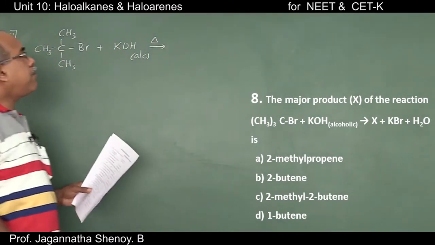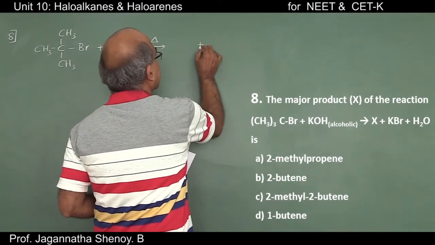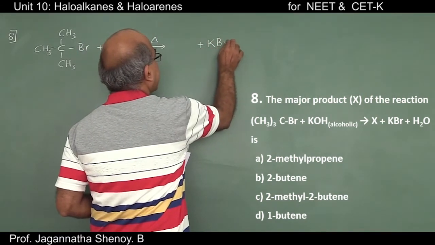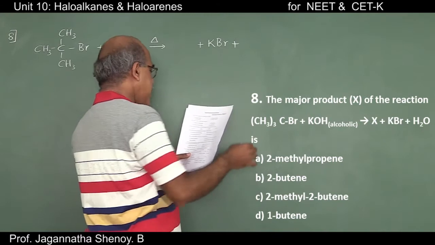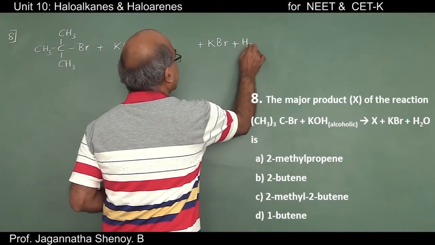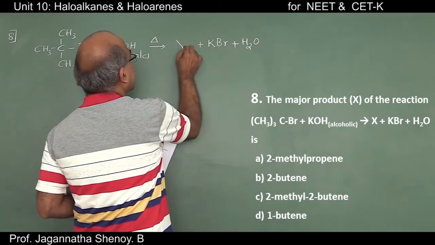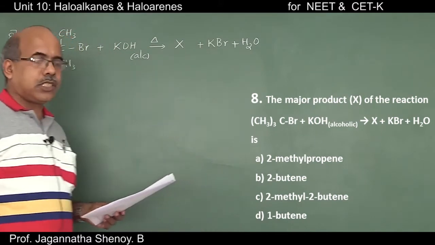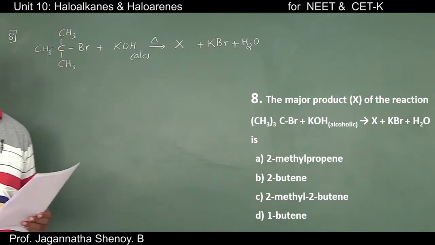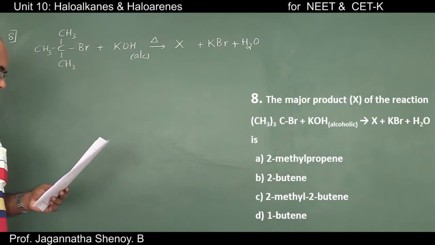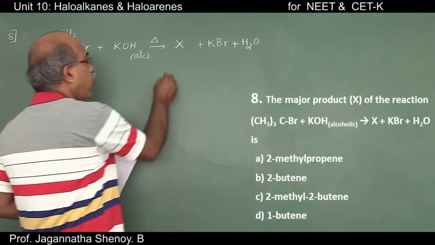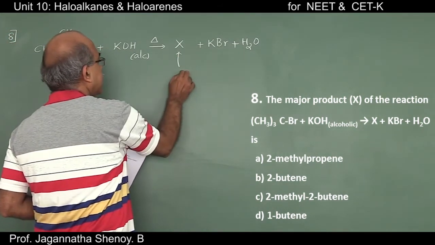And they have mentioned the byproducts. It is potassium bromide, and then H2O they have mentioned. Along with that, here they have mentioned the unknown major product X.